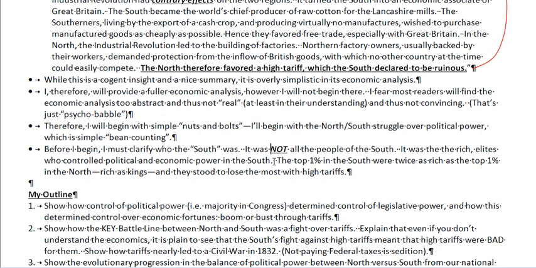They had super concentrated wealth when the rest of the population in the South was dirt poor, right? They were rich as kings, and they stood to lose the most with high tariffs, right? They're the ones who resisted, and they controlled political power, so they could. And they just got to throw on the masses of the people to use them, exploit them, and manipulate them into fighting the war.